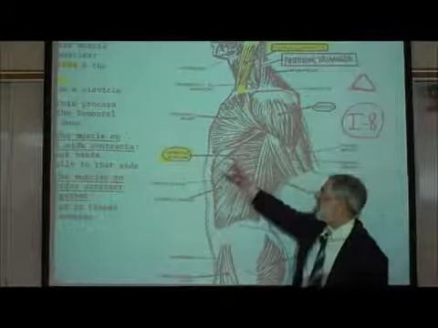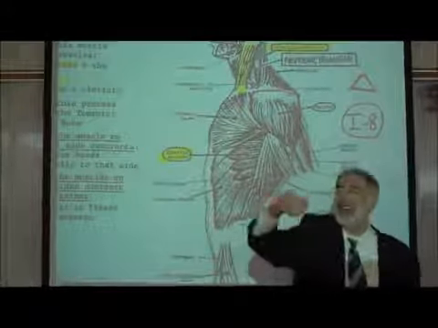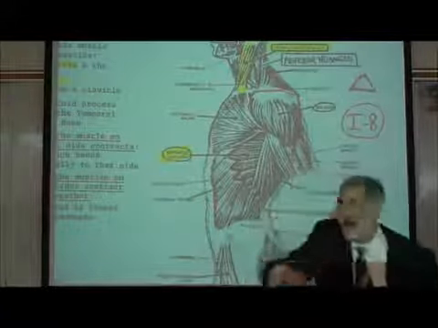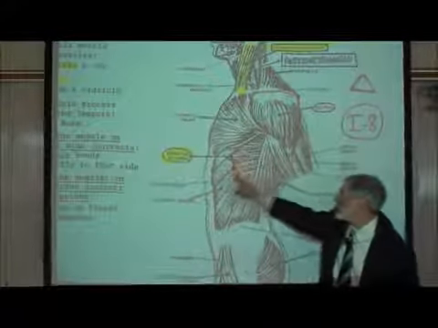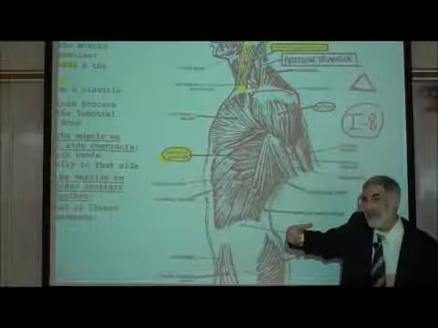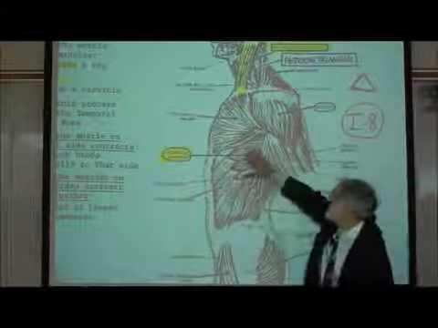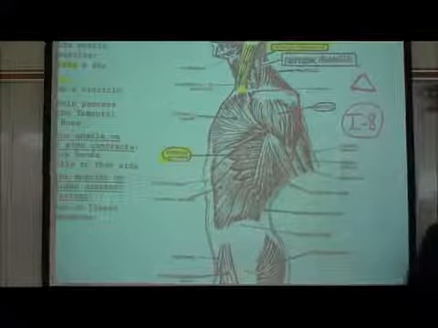Serratus means like the edges of a serrated knife. A serrated knife is a knife with teeth, right? It's got those sharp teeth. So this reminded the anatomist of the sharp teeth of a serrated knife, like a steak knife, and since it's on the front or anterior side of the body, they called it the serratus anterior.